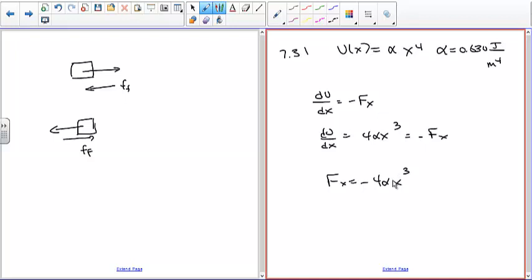So to evaluate this, you just plug in alpha and x. They were looking for x at negative 0.800 meters. So we get negative 4 times alpha, which is 0.630 joules per meter to the fourth, times x, which is negative 0.800 meters, quantity cubed.